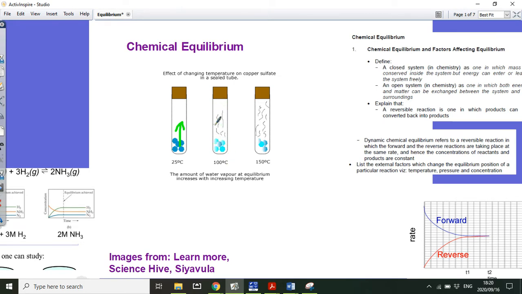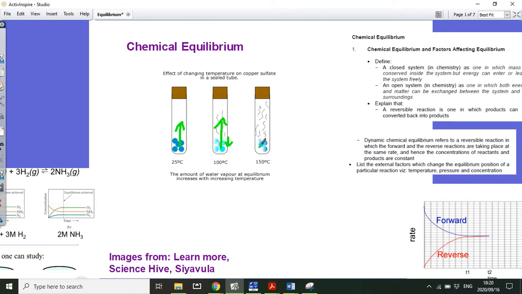So now there's water vapor trapped in this area and there are blue crystals. Now the forward reaction, in the beginning, only the forward reaction happens because there's still a lot of water trapped here that could escape. So only the forward reaction happens, and it happens fast. Then in the beginning, the reverse reaction happens slowly, so it's a short arrow.